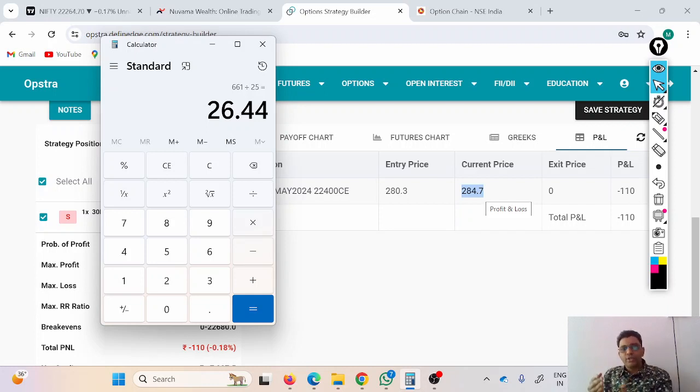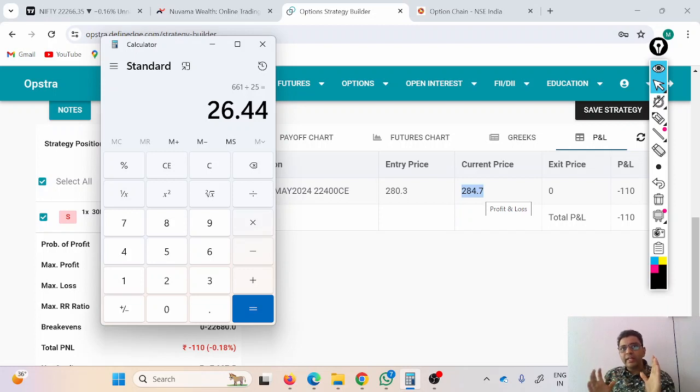Initially for one day it will be 26 rupees. If Nifty does not move, then for the next day it could be 29 rupees. Then the next day it could be 30 rupees. And likewise on the last day of the expiry, if Nifty does not move at all, that value will decrease by, let's say, 40 or 50 rupees.